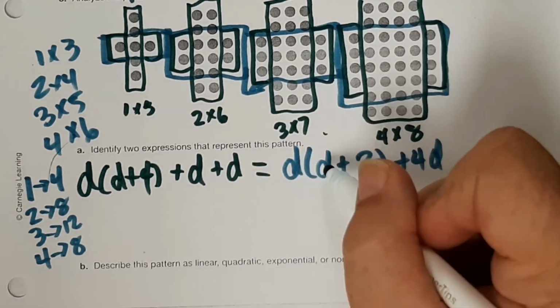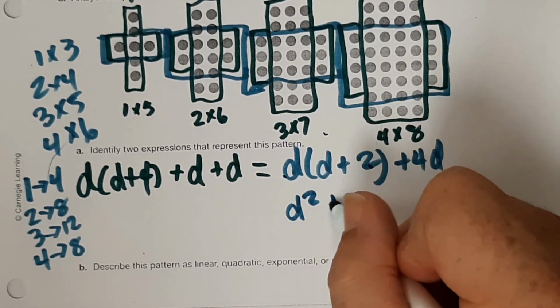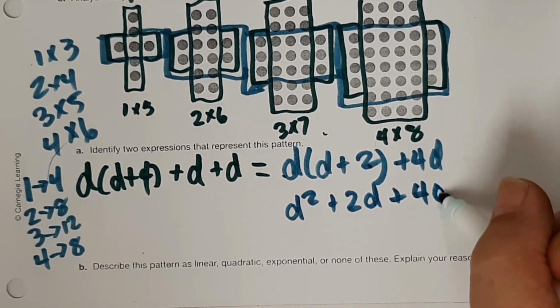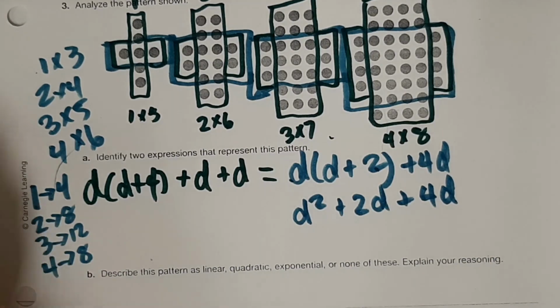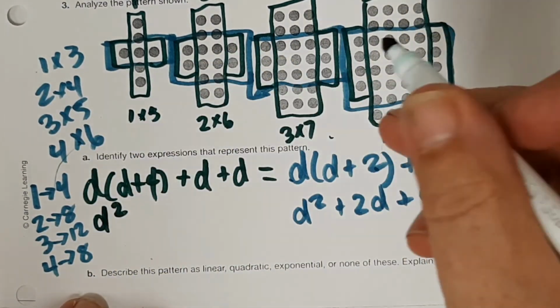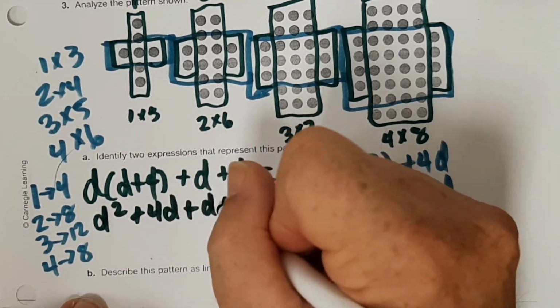So over here I have d times d, and that's d squared. And d times 2 is 2d plus 4d. And here again I have d times d is, oh, let's use green. So switch my pens again. I have d squared over here plus 4d plus d plus d.